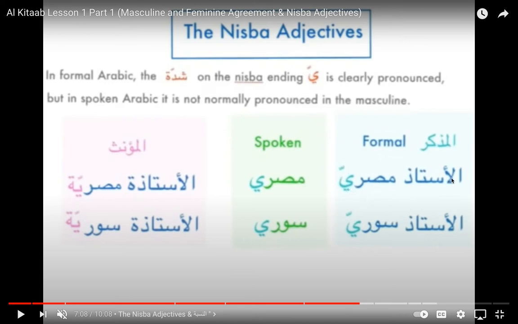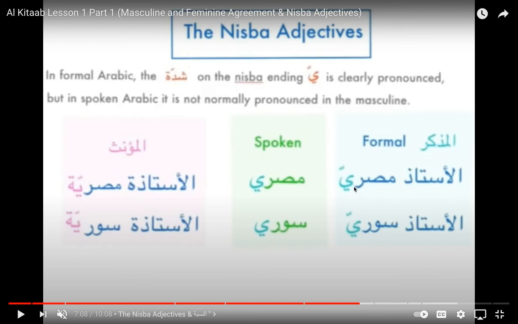So when I said al-ustadh, al-ustadh is the professor or the teacher. If I wanted to say his nationality, in English I start with the adjective. I would say the Egyptian professor. In Arabic, I would say al-ustadh misri.